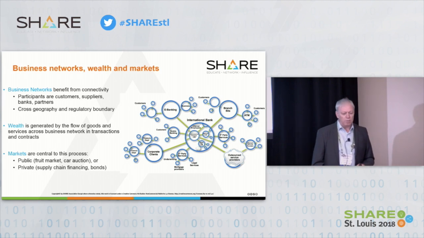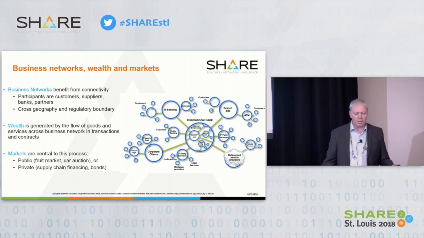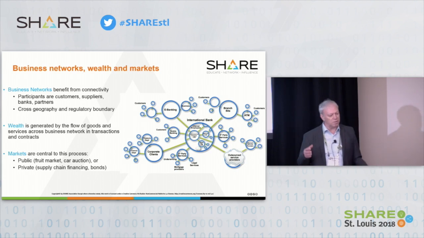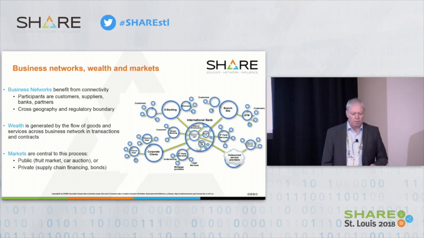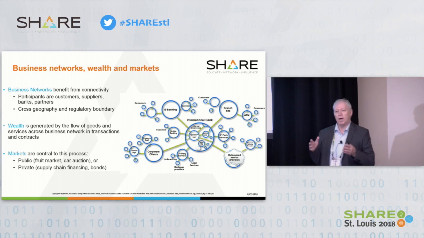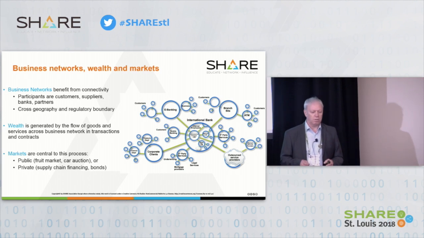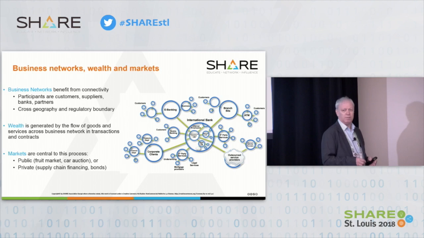So therefore, business networks, it is about connectivity, it is about the participants, customers, suppliers, banks, and all that, and they're coming together. The wealth, the flow of goods has some conditions which don't get simpler these days either.